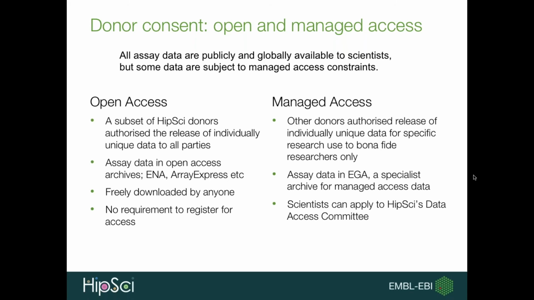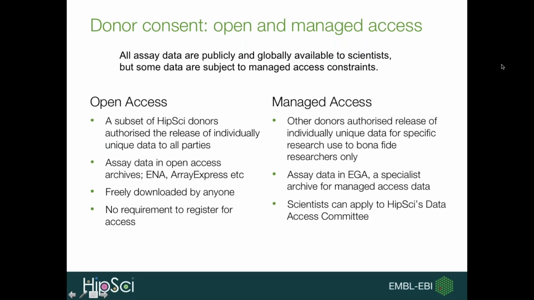And scientists can still get this data, but scientists have to apply to HipSci's Data Access Committee before they have access. Okay, so that explains about our open and managed access data.